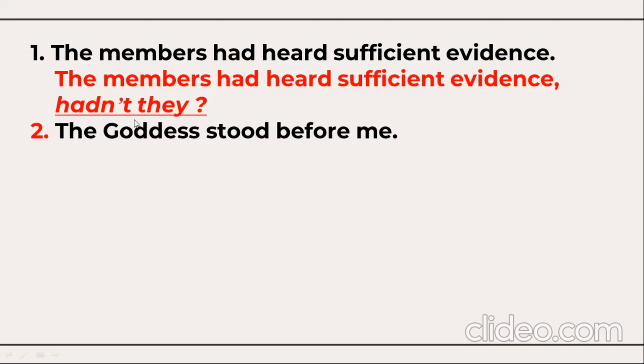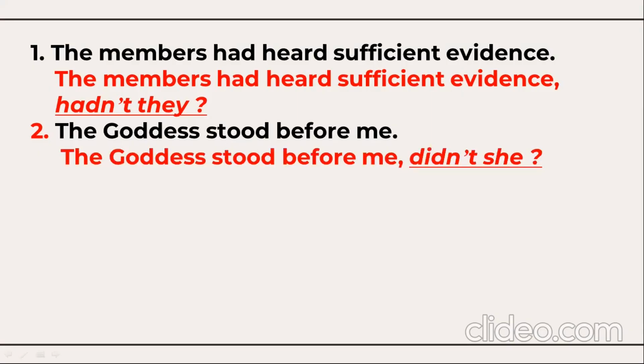So this sentence is in the past tense and it is in the positive or affirmative case. So your question tag should be negative. Did is the helping verb, so we'll say didn't she. The pronoun for the goddess is she. So we'll copy: The goddess stood before me, comma, didn't she.